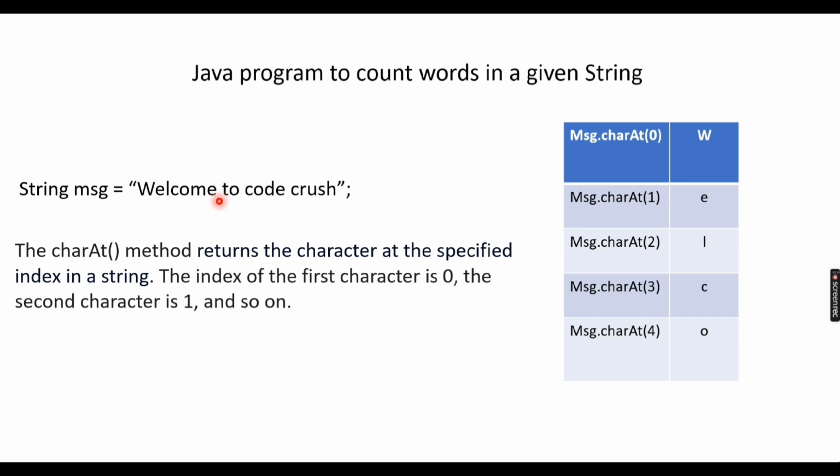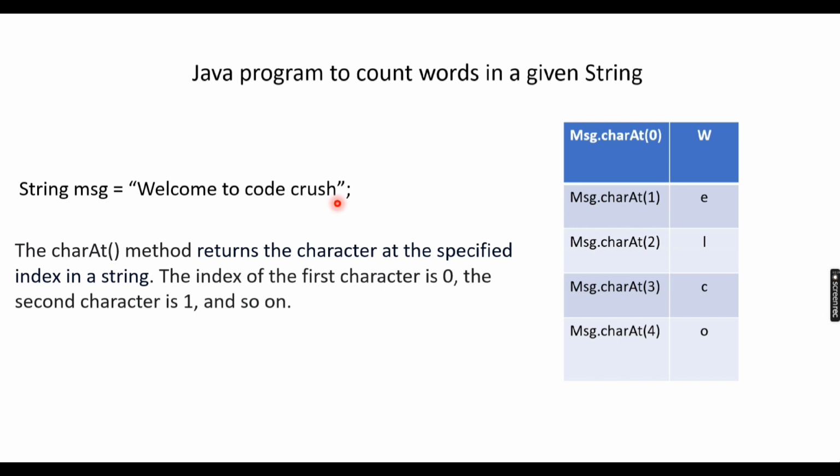Counter will become 2. After that, there will be other characters, right? Then again there will be a space, and again the value of counter will be increased. In this way, the counter value here will become 2, here it will become 3, here it will become 4. So there are a total of 4 words. With the help of spaces, we can count the number of words.